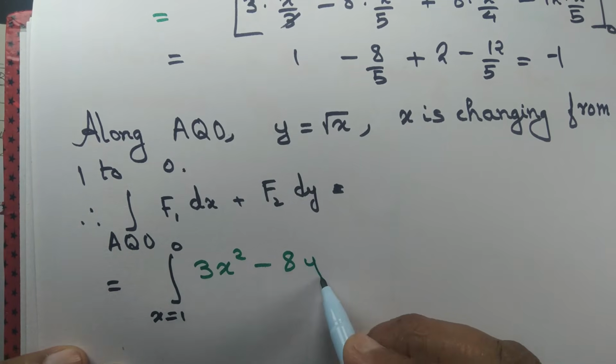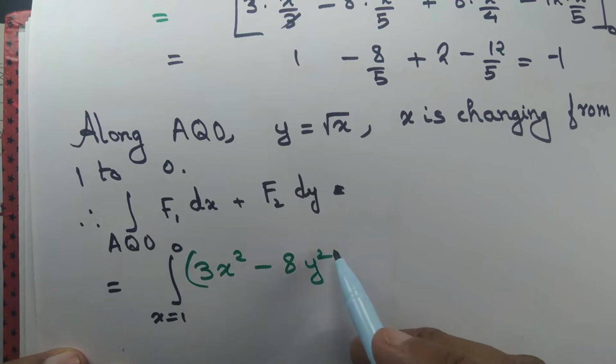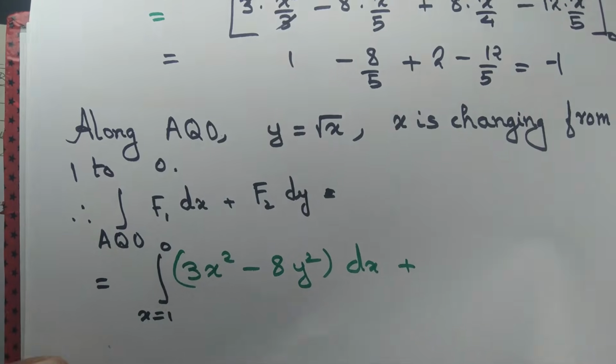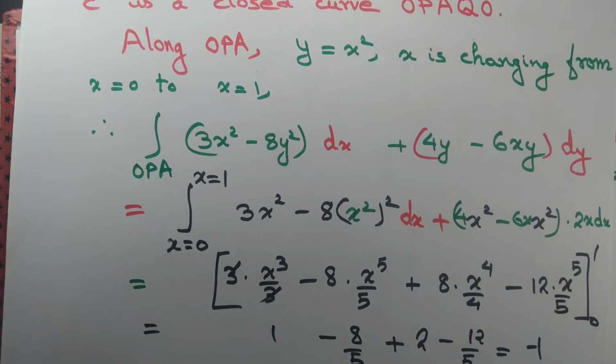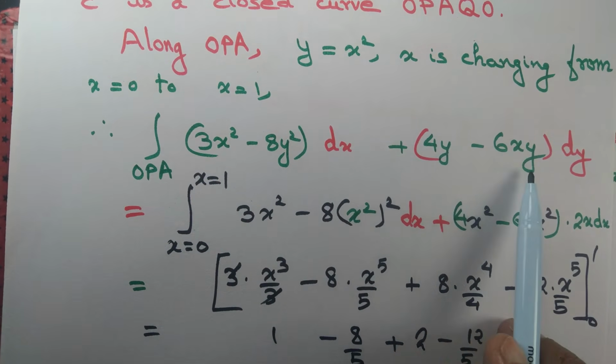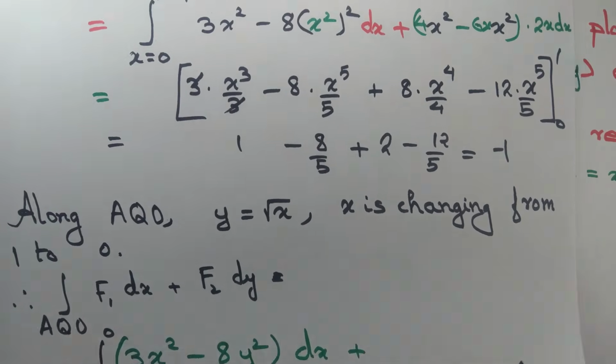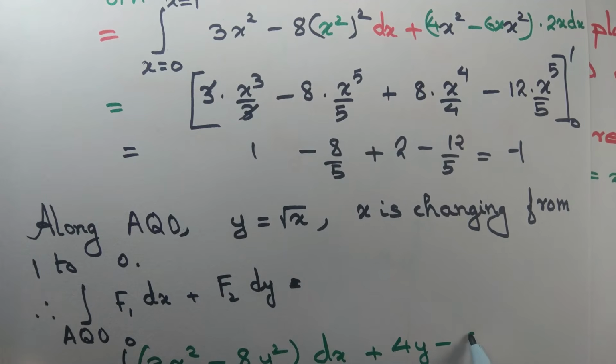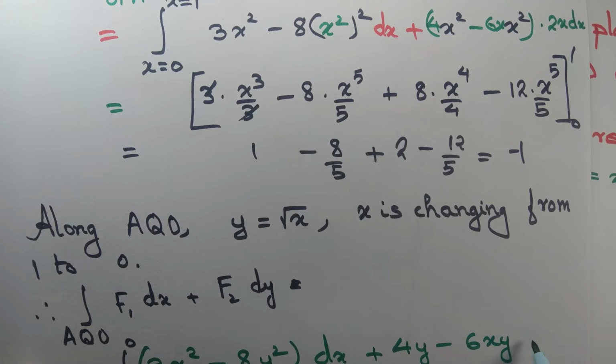Okay, let's write it as it is, dx. f2 is 4y minus 6xy.